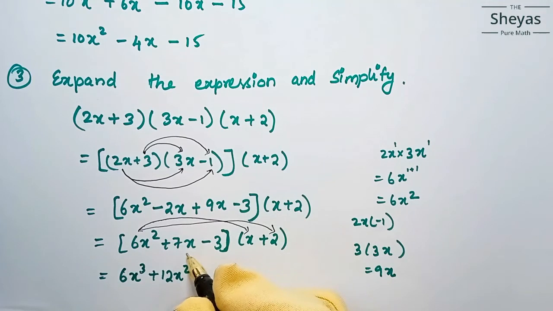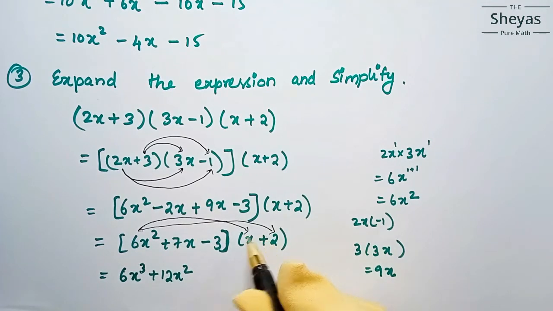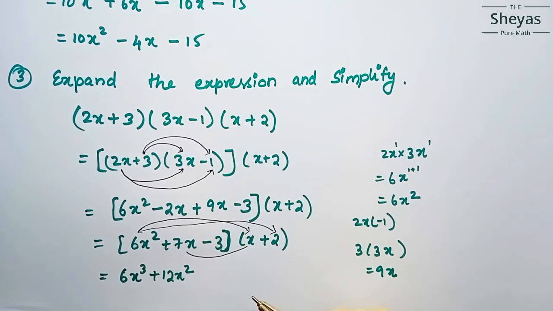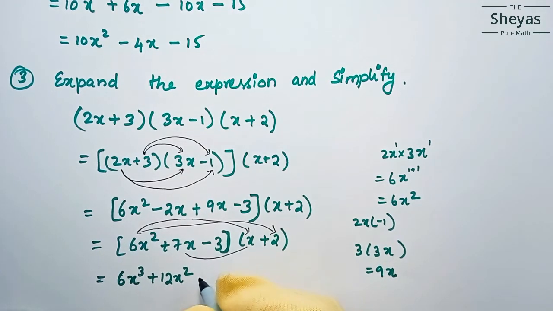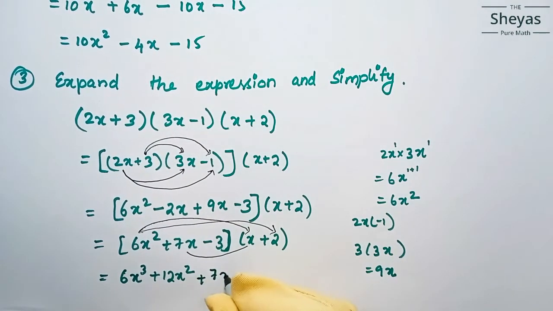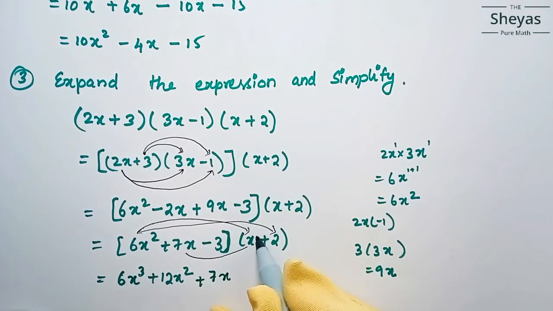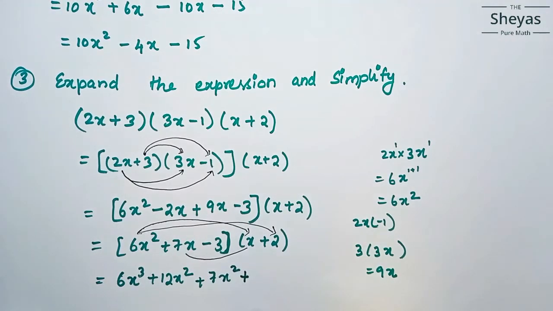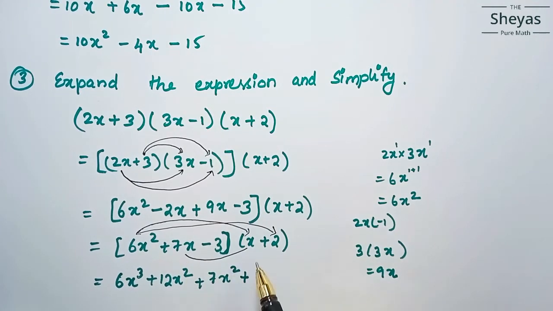Now in the next step, what you have to do? Then the second term with the next expression. So 7x into x. Here power 1 and here also power 1, so 1 plus 1 is 2. So 7x into x is 7x square. Then plus 7x into 2.